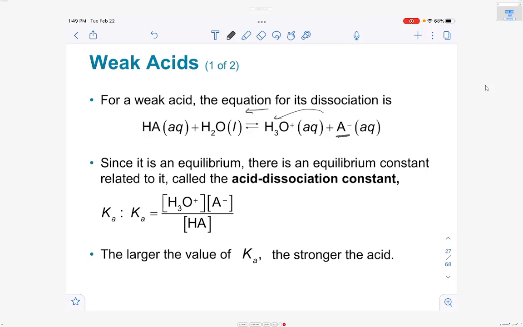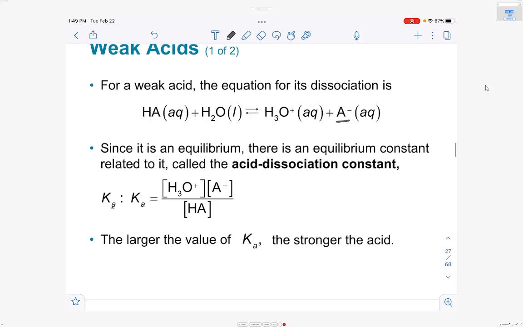Since this is an equilibrium reaction where the forward reaction and reverse reaction are occurring at the same time, we can calculate the equilibrium constant K. In this case, instead of Kc, we use Ka to denote the equilibrium constant of an ionization of an acid. So there's Kc, Kw, and now we have Ka.